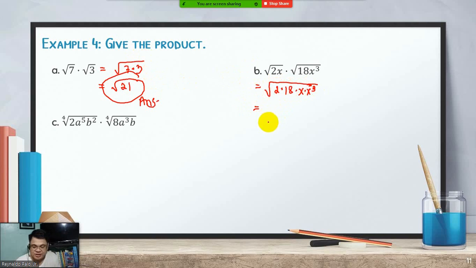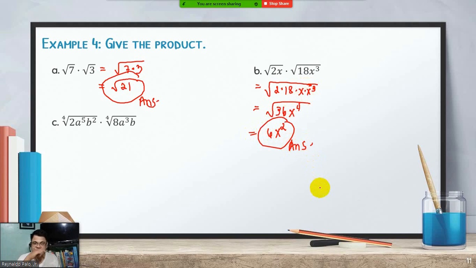Then 2 times 18 is 36. Then by the multiplication law of exponents, x times x cubed is x raised to the 4th power. Then square root of 36 is 6 and square root of x raised to the 4th power is x squared. Therefore, this is your final answer.